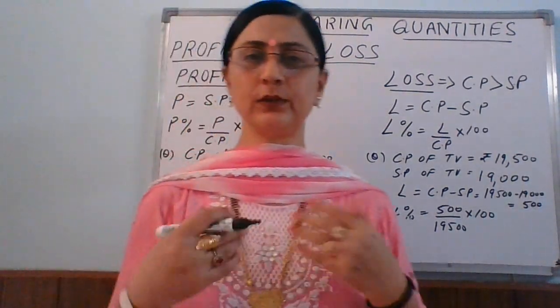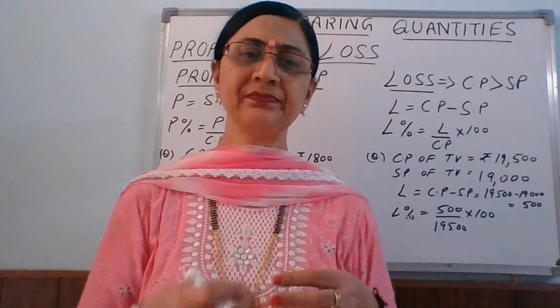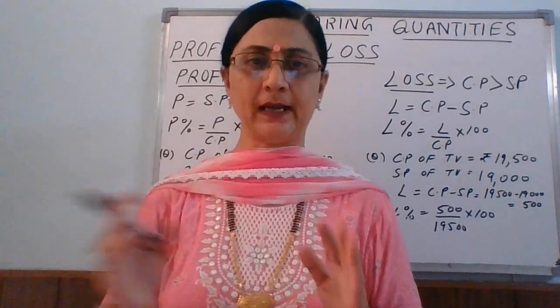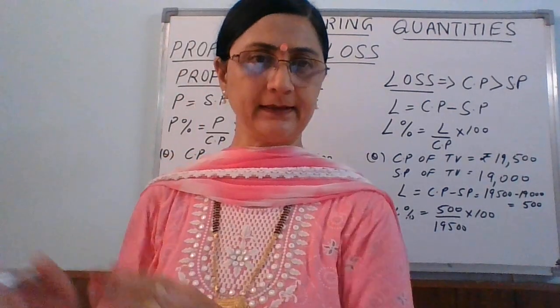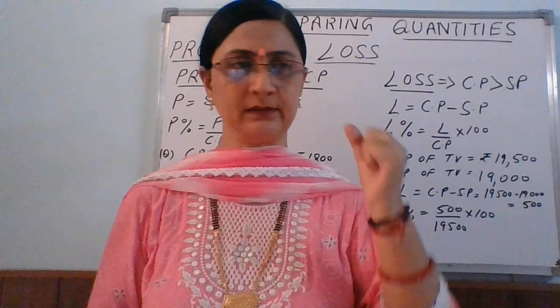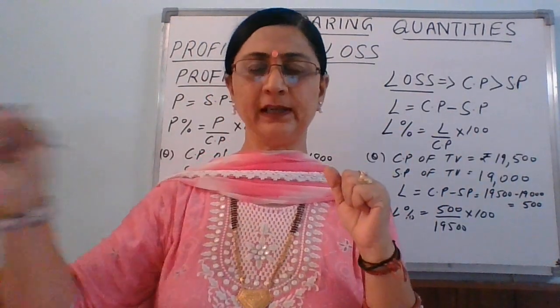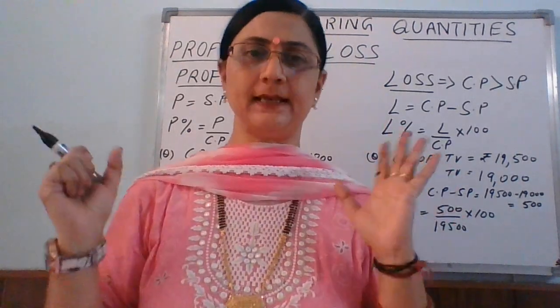Selling price is when you are not willing to use that article anymore, and you sell it. That is the selling price. The article bought, purchased, is the cost price; further you have sold it, that is the selling price. Okay, children.